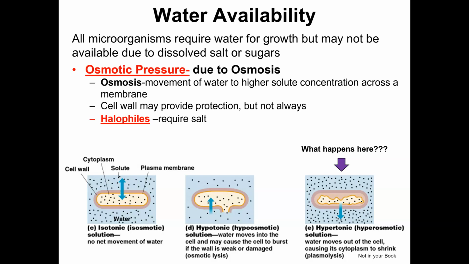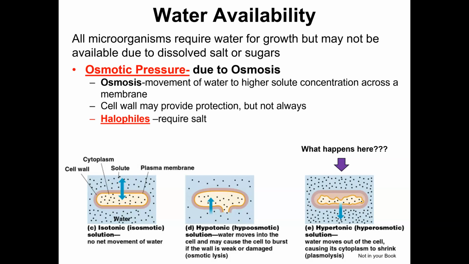So we're going to talk about halophiles. Okay? Bacteria that tolerate salts. So halo means salt. So in the last chapter we saw these. There's 3 types of tonicity. In an isotonic environment, this is ideal.